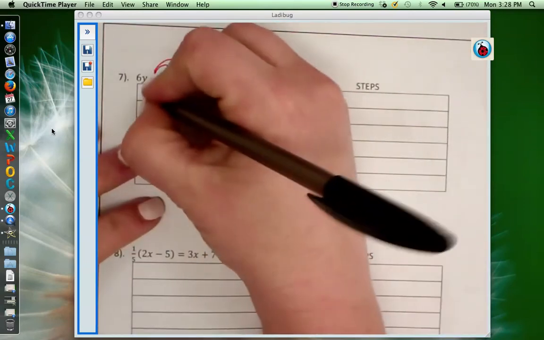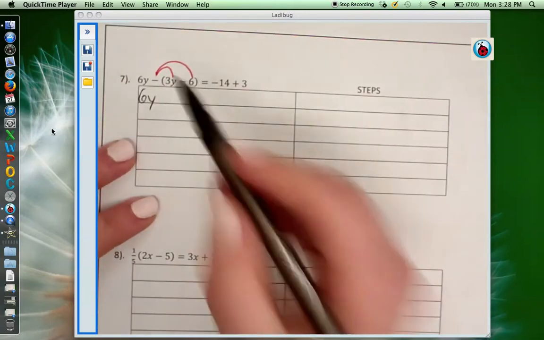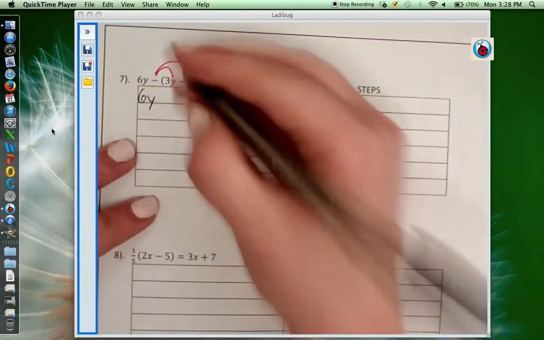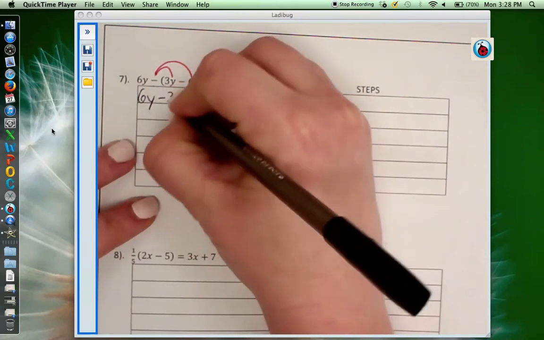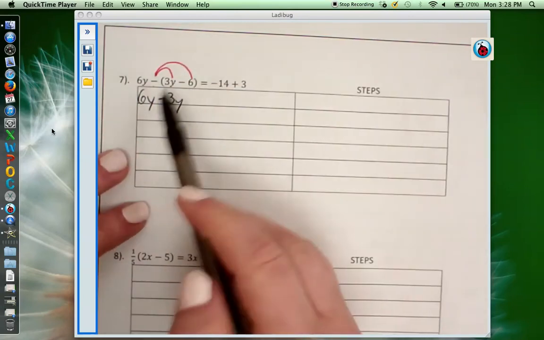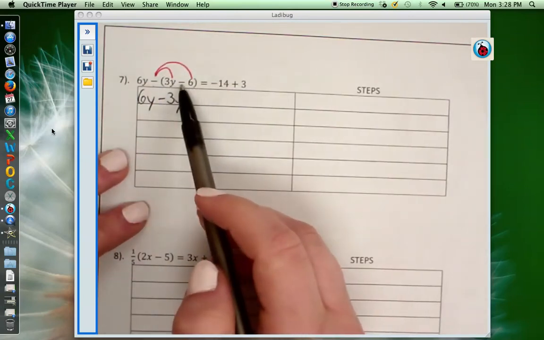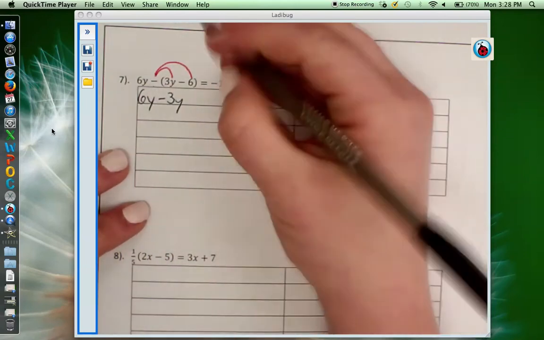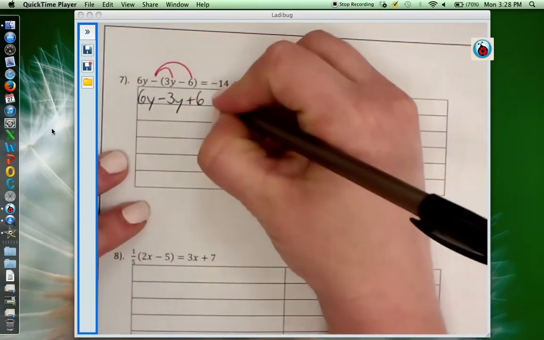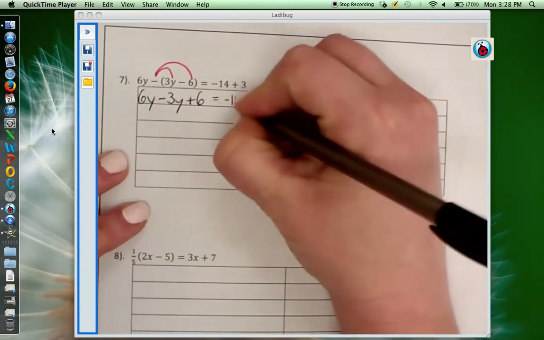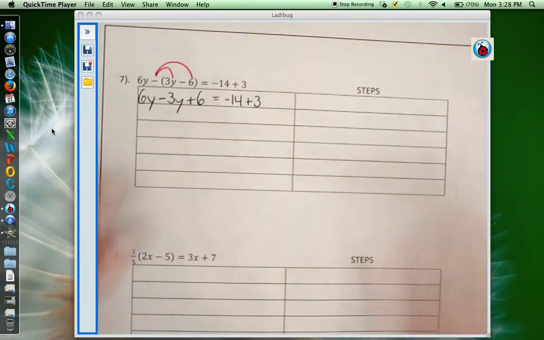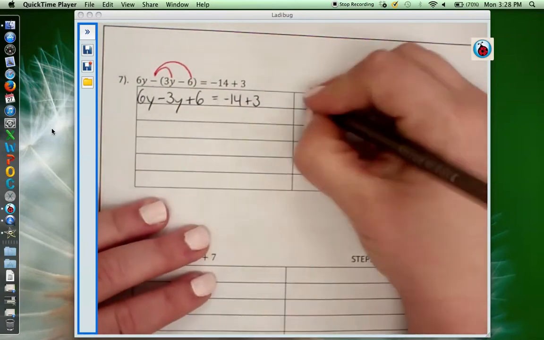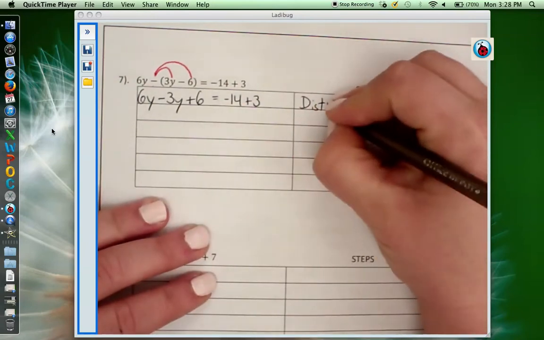So I have 6y. 3y is positive, but when I distribute that minus sign, it's going to become minus 3y. And the 6, this is minus 6, but when I distribute the minus, minus cancels, and I'm going to get plus 6. And I'm going to leave negative 14 plus 3 as is for right now, because the step that I just did was distributive property.